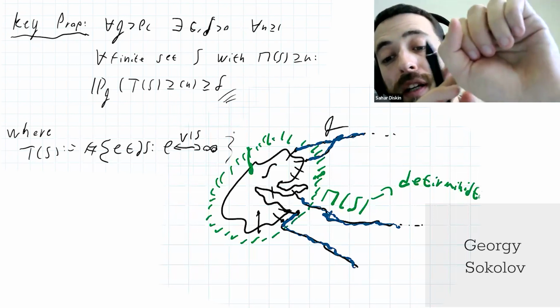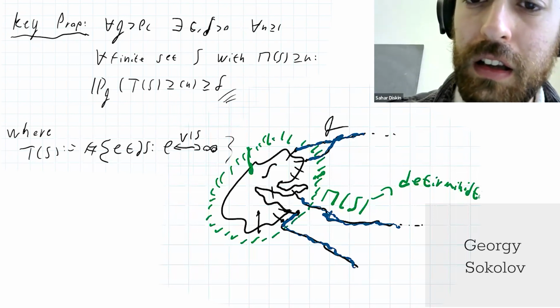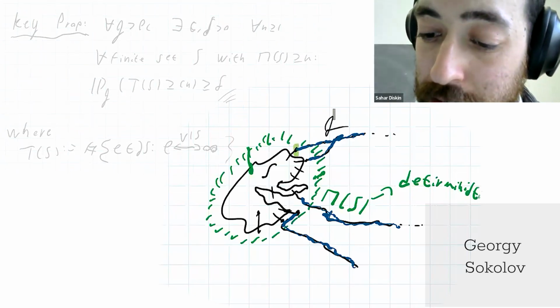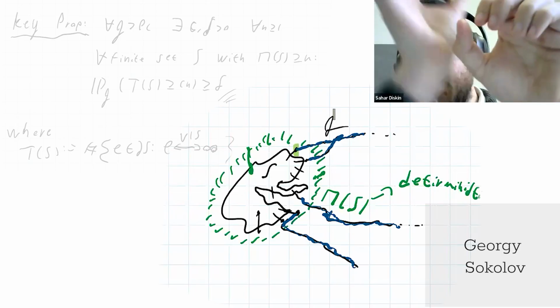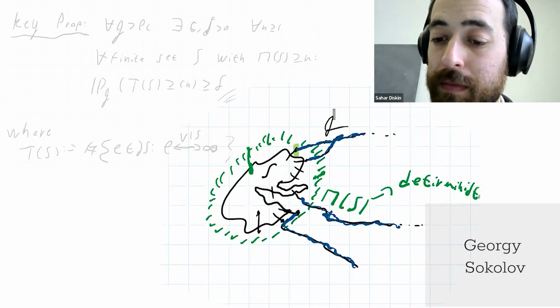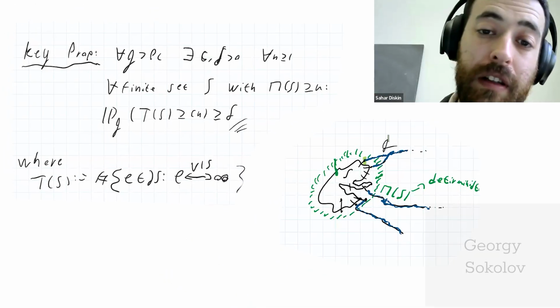Exactly. If I look at their endpoint, and I do Q percolation outside of S, I want it to belong to an infinite component. Okay, thank you. Of course.